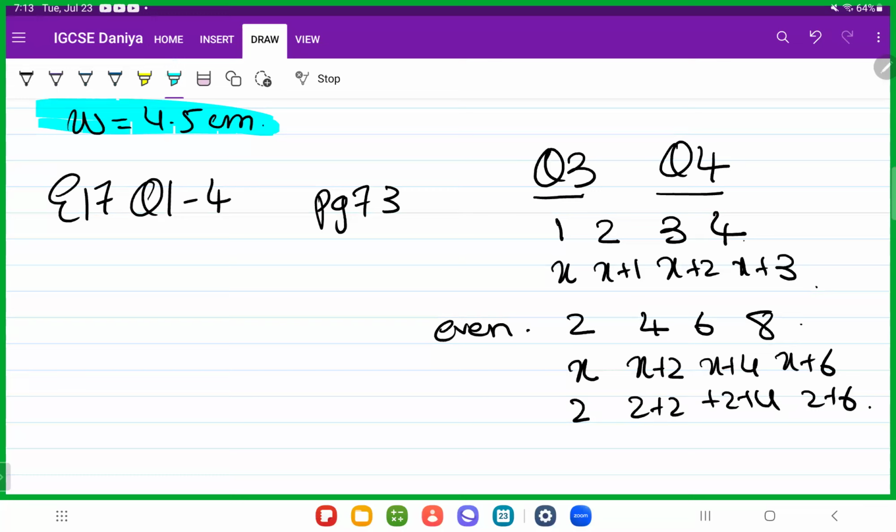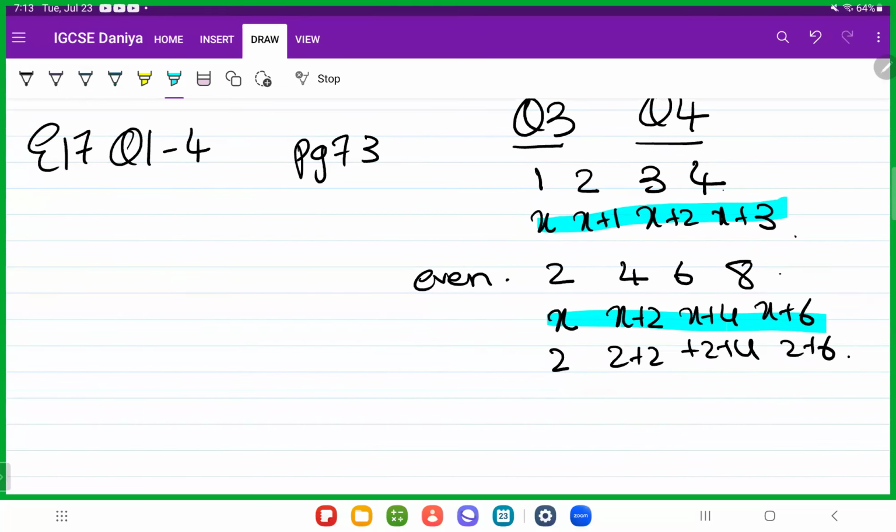So how about for odd? You can check yourself now. Can you do this method yourself and tell me what it would be for odd? Both of you?